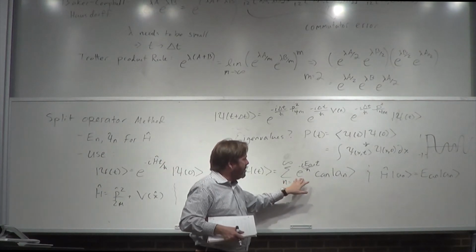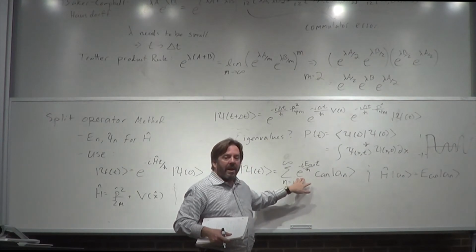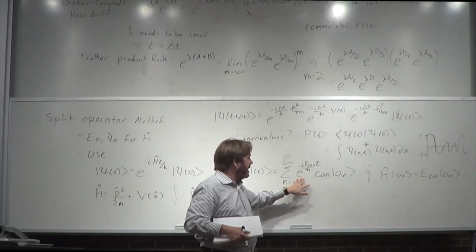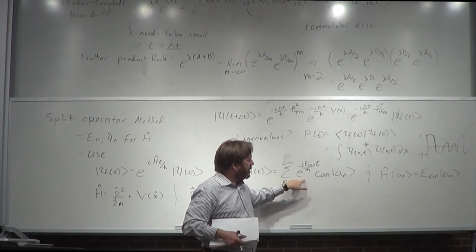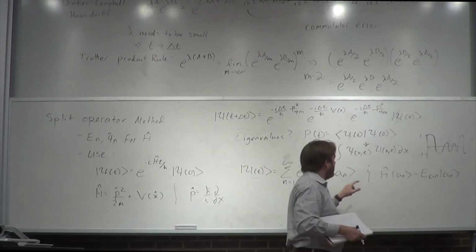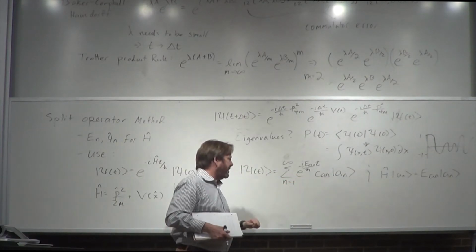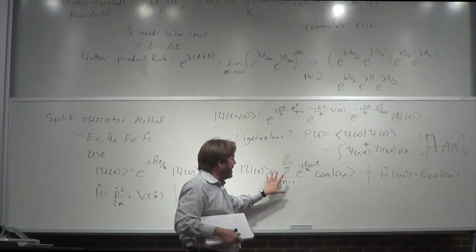To evolve in time, I multiply the state times e to the minus i H operator t over h bar, and of course because these are eigenstates, you just replace the operator with its eigenvalue, right? We've covered that a zillion times. You should be sick of that at this point.